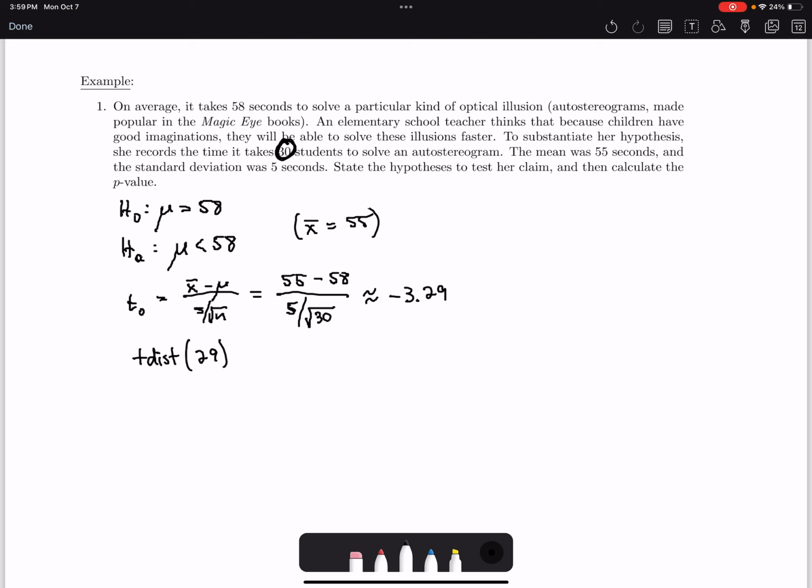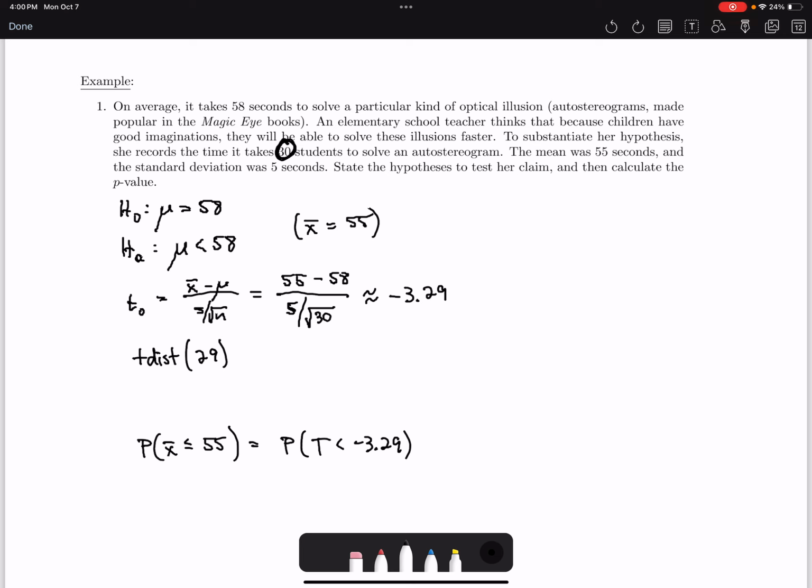We want the probability that x bar is 55 or less, because this is a left-tailed test. So we have x bar less than or equal to 55, and that's equivalent to the probability that t is less than negative 3.29, because that's the t-score that we just computed.